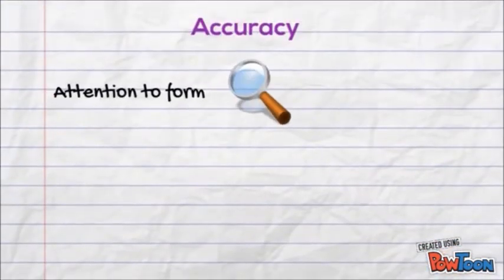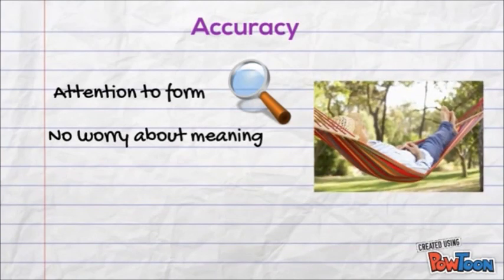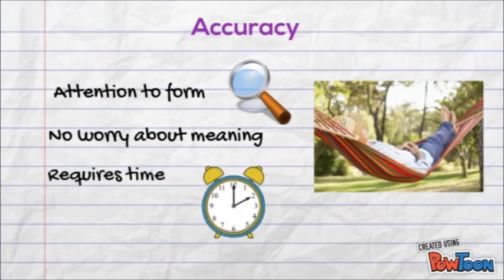Accuracy, because we give attention to the form. In other words, we pay attention to the grammar structures, to the words, to the punctuation marks, etc. No worry about meaning. We just want to be correct when writing, speaking, listening or reading. So there is not too much attention to meaning.